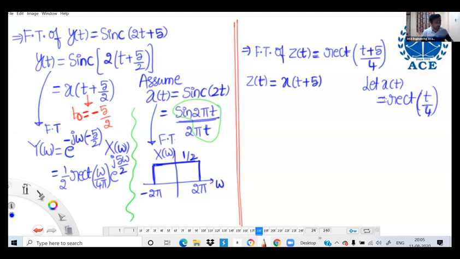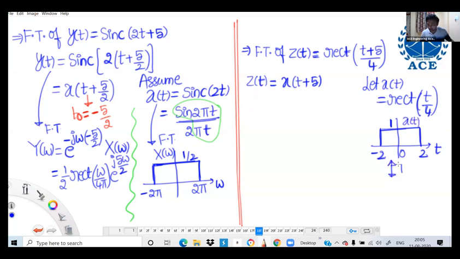The known signal we are assuming as rect t by 4. If you substitute t as t plus 5, we are recovering our signal. Rect t by 4 means the rectangle covers from minus 2 to 2.